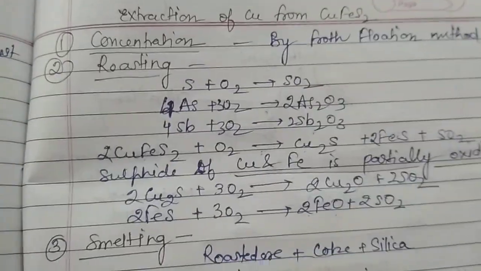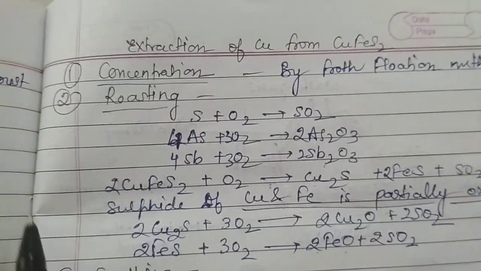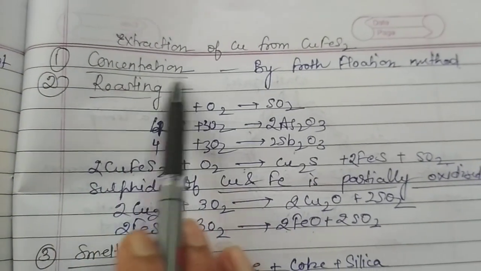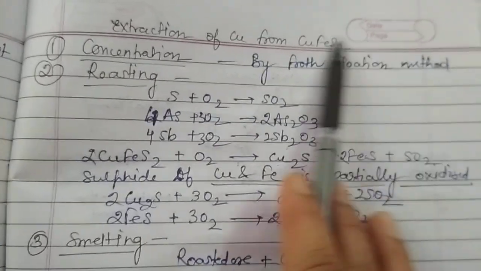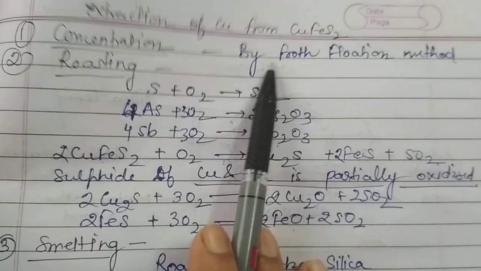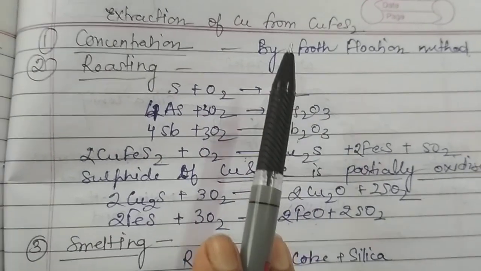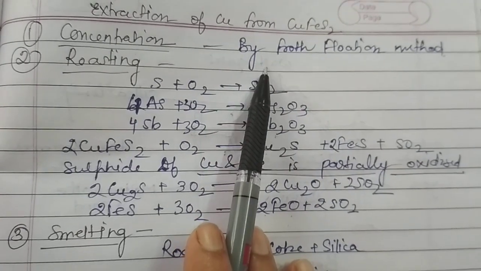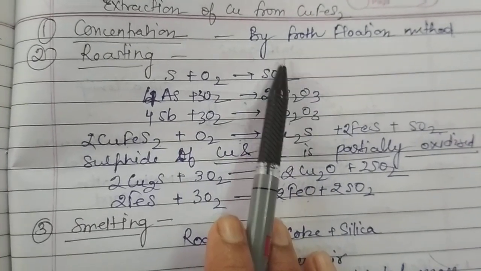We are to discuss the extraction of copper from copper pyrite, the sulfide ore of copper, which is the common ore from which copper is obtained. After crushing, we have the powdered ore that goes through the concentration process. As we have already discussed, for sulfide ores we use the froth flotation method. The powdered ore is taken into a big tank of water, to which we add pine oil, and the collector, potassium or sodium ethyl xanthate, is added.